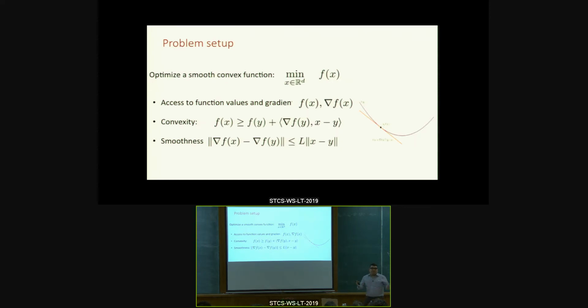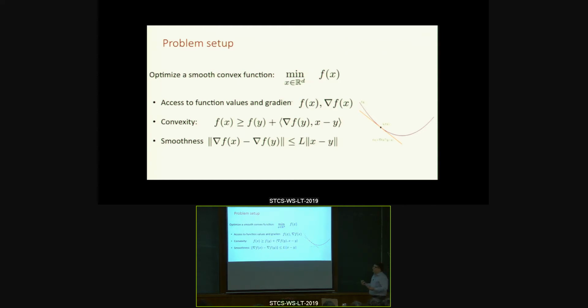I think everyone here is familiar with the basics of continuous optimization. You're trying to minimize a function, and you have access to the function value and its gradient. And we all know convexity is a wonderful thing. One way to interpret it is that a linear approximation of a function is a global under-approximator.